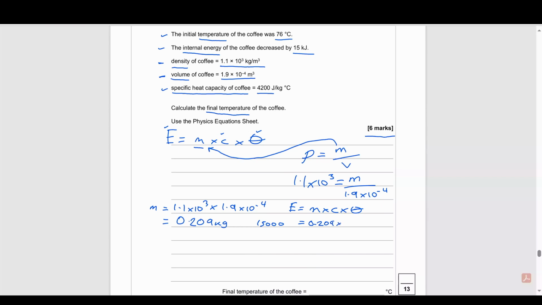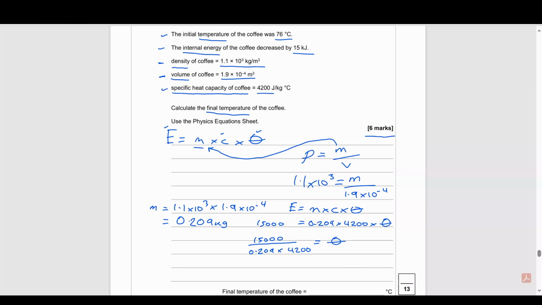Specific heat capacity is 4,200. Remember, we don't know the temperature change. So we're rearranging this equation now. So 15,000 divided by 0.209 multiplied by 4,200 equals the temperature change.